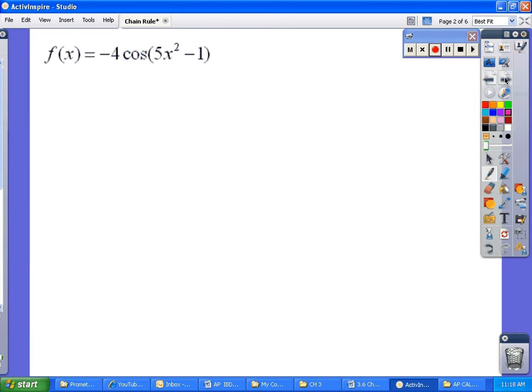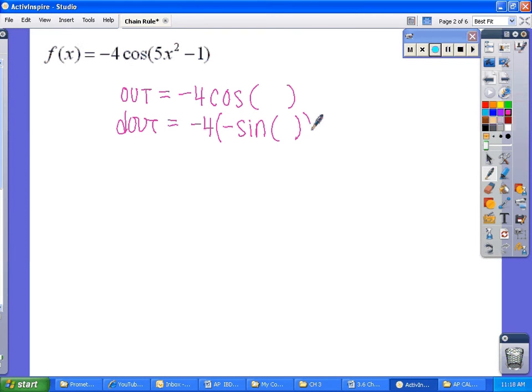I'm going to use your quiz from October 29th as a review of the chain rule and of your trig rules. The first thing I'll look at is that the outside function would be negative 4 cosine of. The derivative of my outside function: leave the negative 4 in front, take the derivative of cosine. Therefore, we end up with 4 sine of a function. Really, what you would put inside there is another variable like u. Your inside function is 5x squared minus 1.